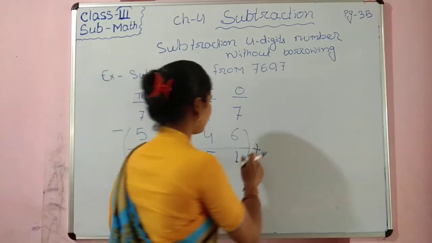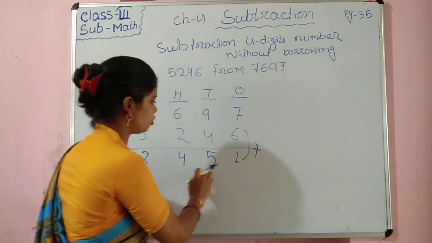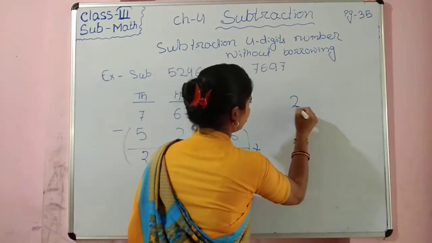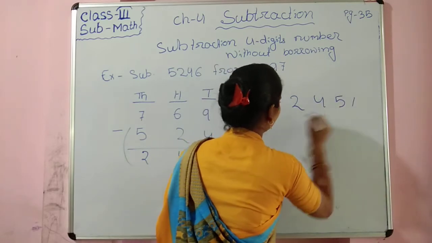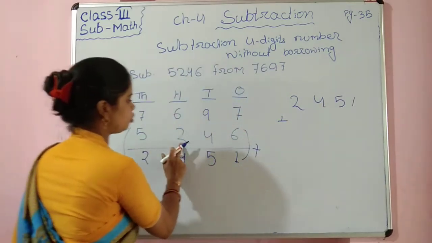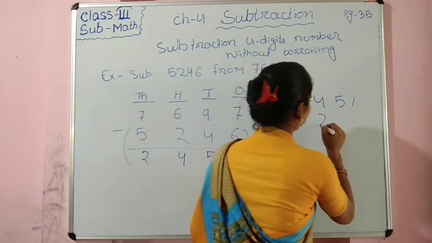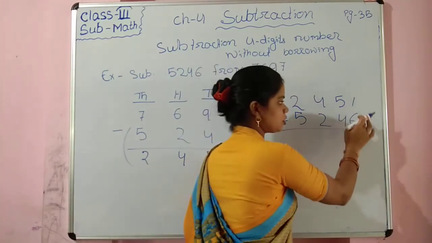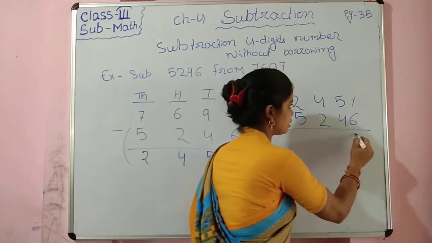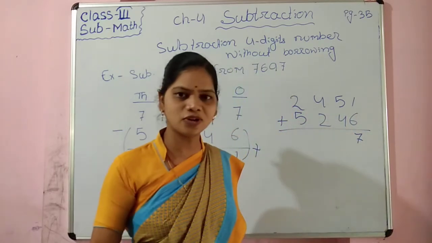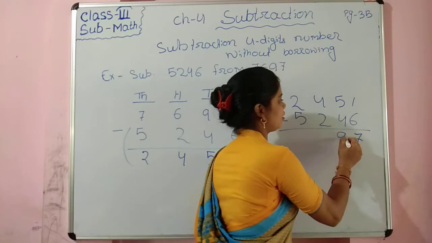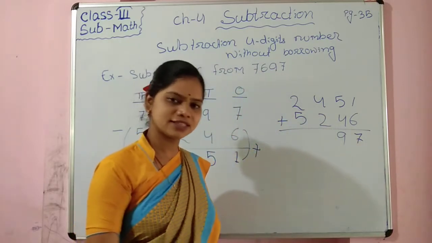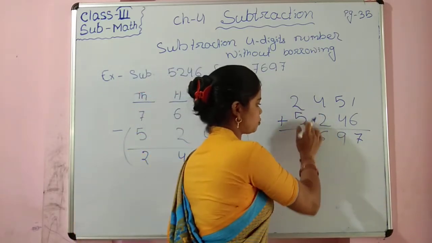Look, add: 2451 plus 5246. 1 plus 6 is 7. 5 plus 4 is 9. Then 4 plus 2 is 6, and 2 plus 5 is 7.